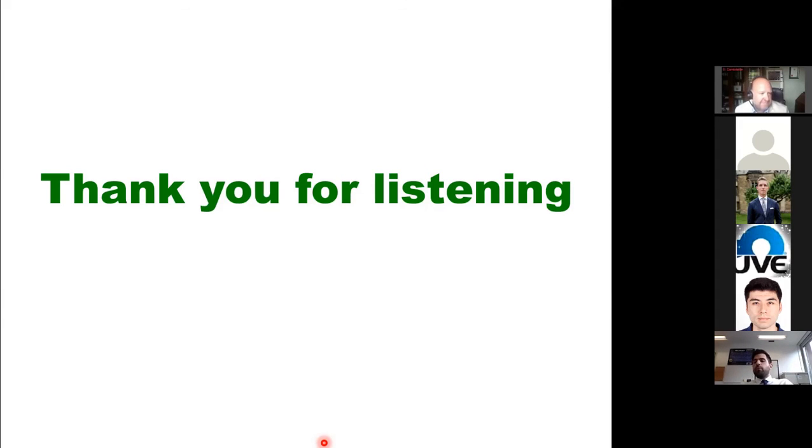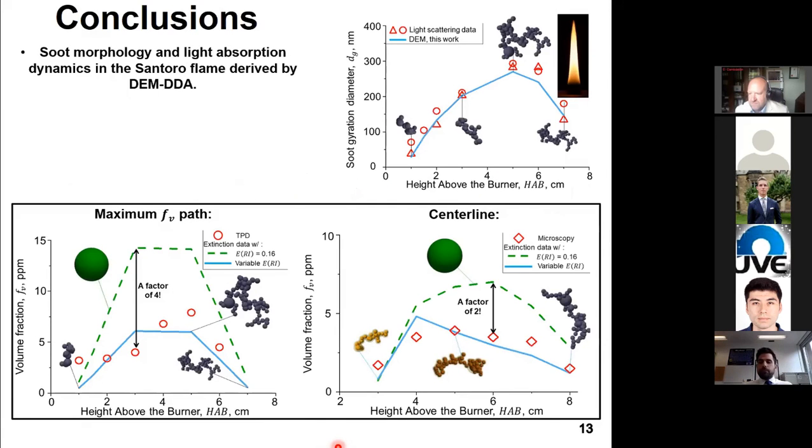It's not like in the maximum volume fraction path where the soot agglomerates mature very fast. So at the center line, before this, we have rather spherical soot nanoparticles that contain even more organic carbon content. They grow by surface reactions and aggregation. At the same time, the organic carbon content is gradually oxidized, and we reach this stage over here. Does this answer the question?